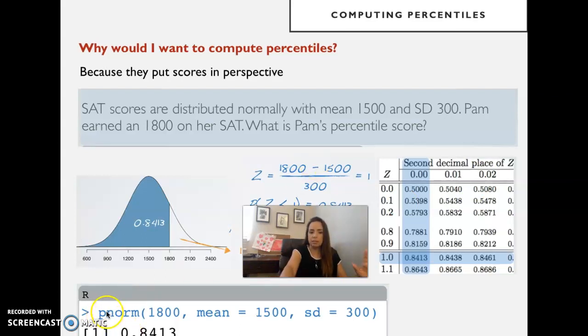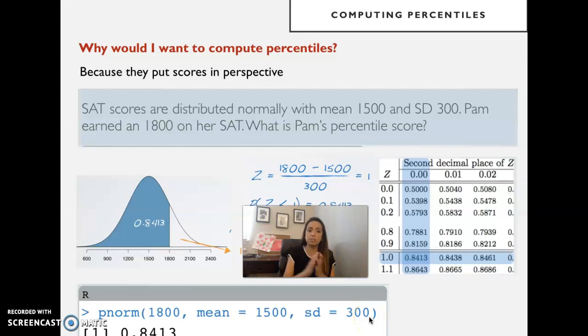It's the probability under the normal distribution of a particular score, 1800, if you are comparing it to a distribution of mean 1500 and standard deviation of 300. By using pnorm, you'll use that in the lab, you will see that it needs 3 parameters: the score you want to classify, the mean, and the standard deviation.